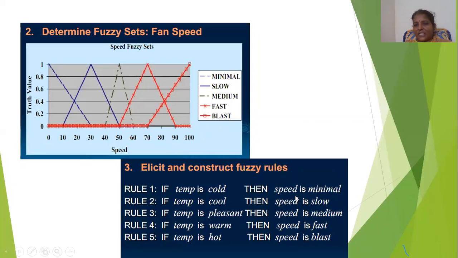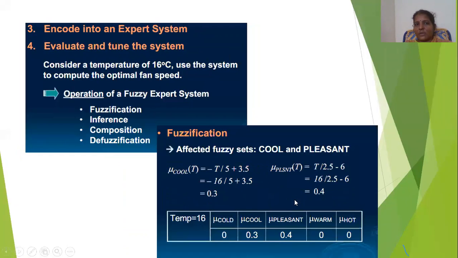If the temperature is cool, then speed is slow. If temperature is pleasant, then speed is medium. If temperature is warm, then speed is fast. If the temperature is hot, then speed is blast. So you are constructing your fuzzy rules and encoding these fuzzy rules into your system. So you are finally evaluating and tuning the system.